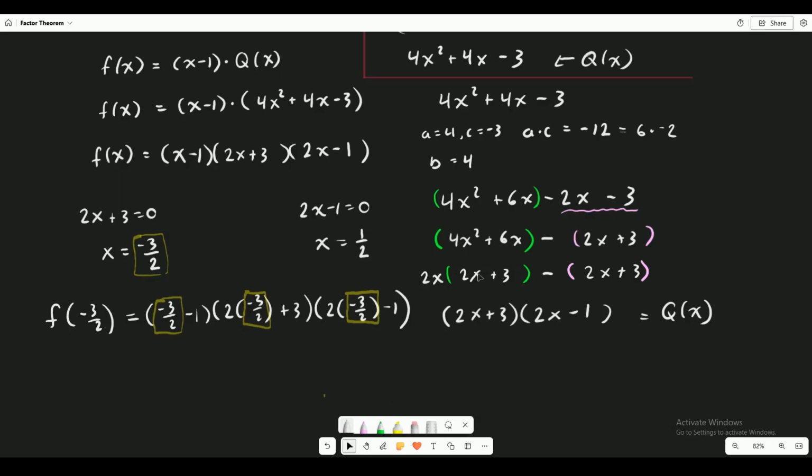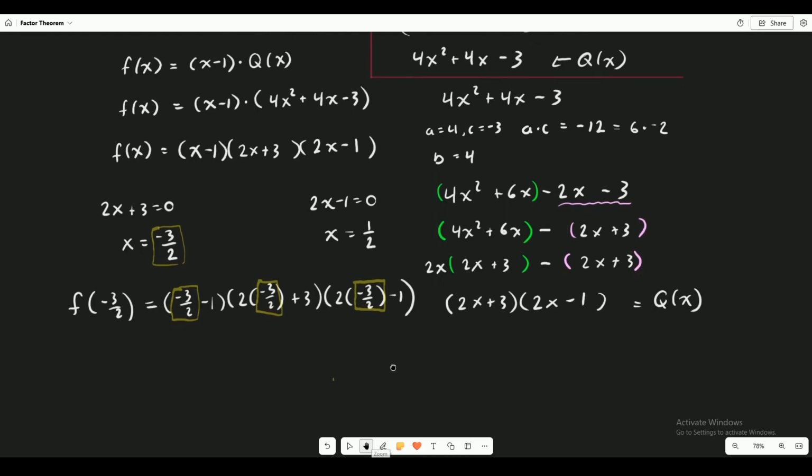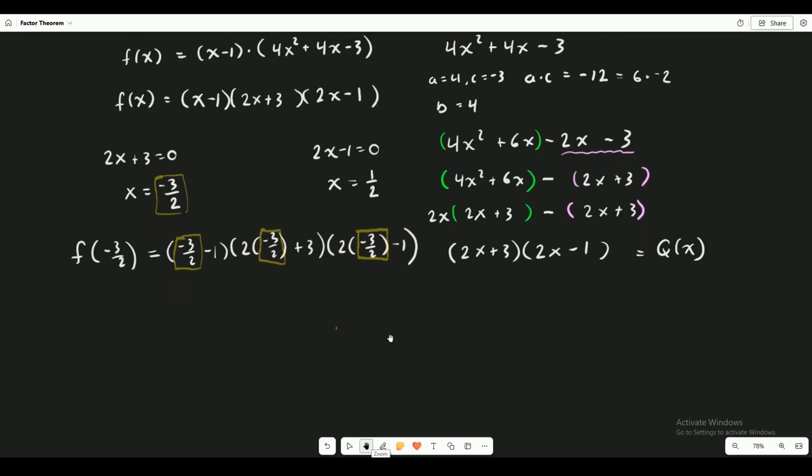Watch this. This is equal to negative 3 halves minus 1, which gives us actually negative 5/2.